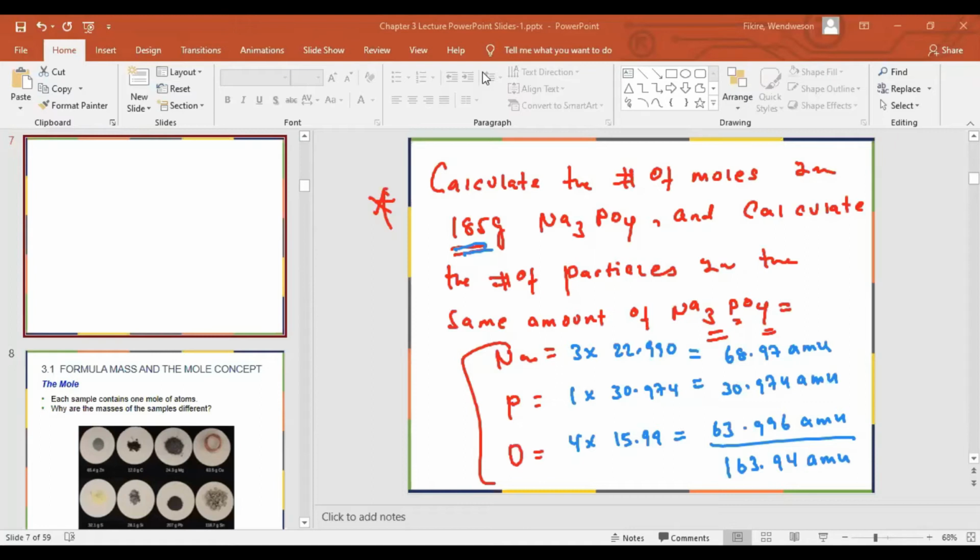All right. So we know we have 185 grams, so we have to divide 185 by 163.94 to determine how many moles we have. That'll give us 1.13. I'm using 3 significant figures.